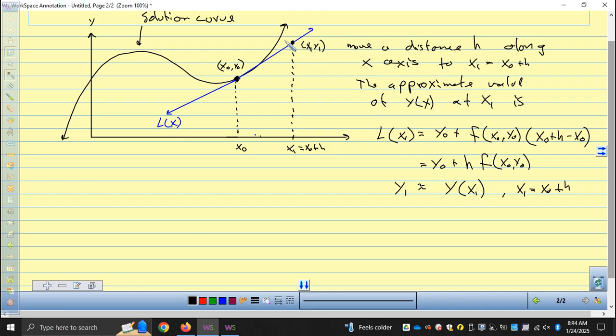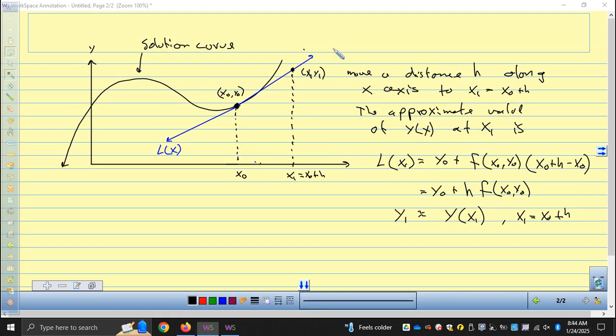And if I go up here a little higher on my curve, this would be the actual value. This is the point x1, y at x1. That would be the actual value on our solution curve at this point x1. And this little bit here is our error in the approximation.